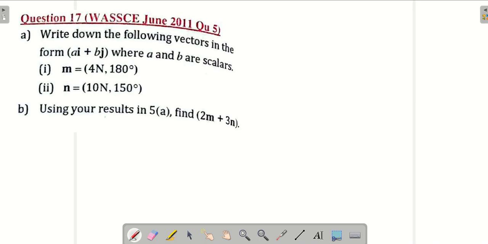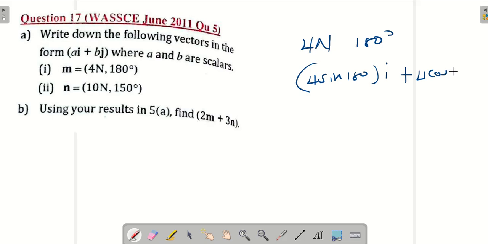So it's very simple. We have 4 and 180 degrees. Remember that to write it in the Cartesian form is going to be 4 sine 180 I plus 4 cos 180 J. Are we okay?